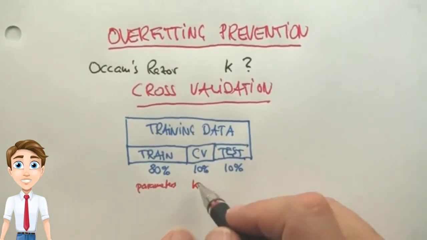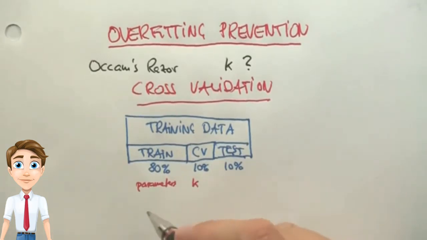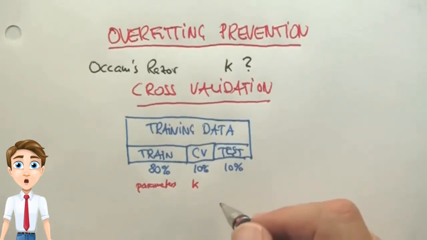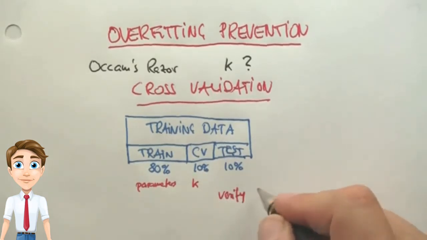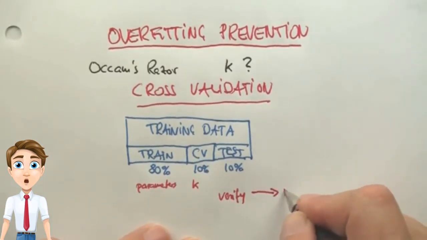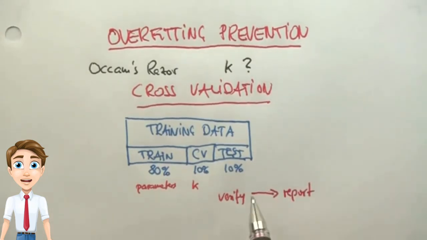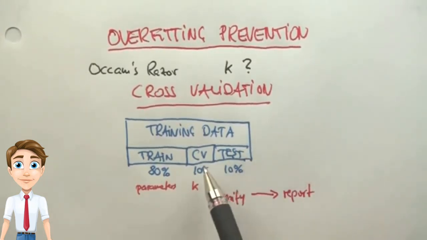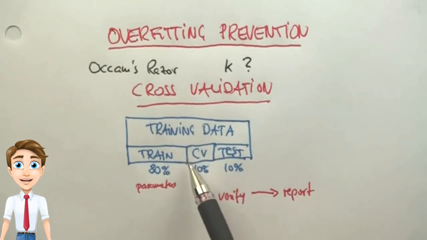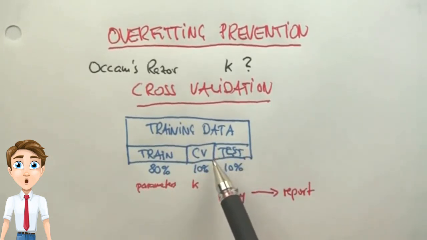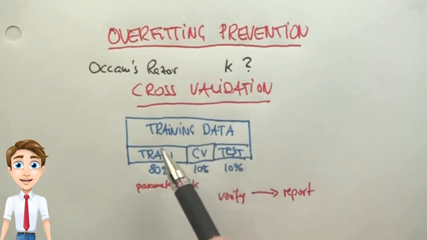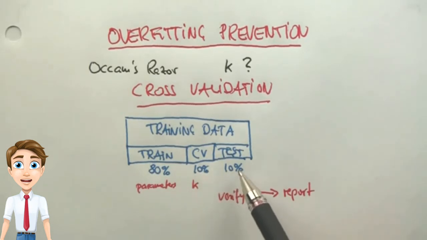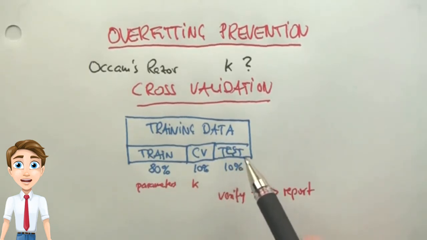When you're done with the best K, you train again, and then finally, only once do you touch the test data to verify the performance. And this is the performance you report. It's really important in cross-validation to split apart a cross-validation set that's different from the test set. If you were to use the test set to find the optimal K, then your test set becomes an effective part of your training routine, and you might overfit your test data, and you wouldn't even know.